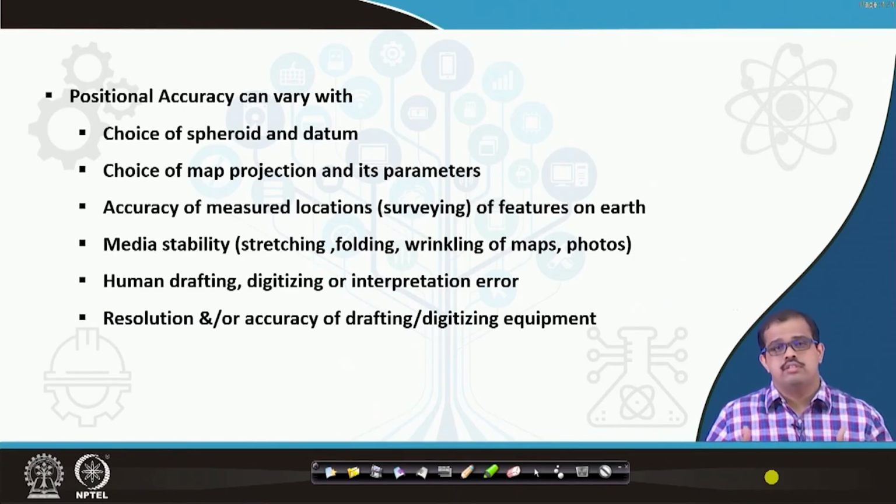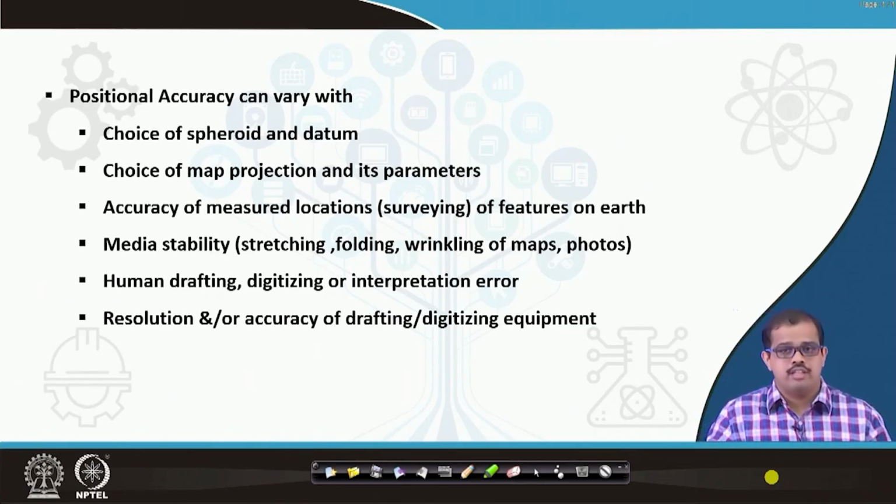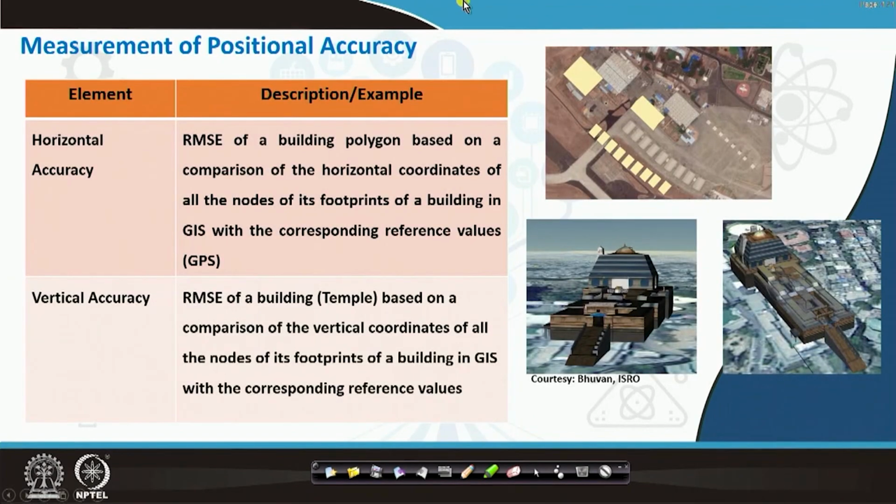Other things are digitizing errors, which nowadays, if you are digitizing, you can automatically look at without any issues, but these are the issues that you have to keep in mind when you are looking at the major errors. Okay, so let me give you some examples.